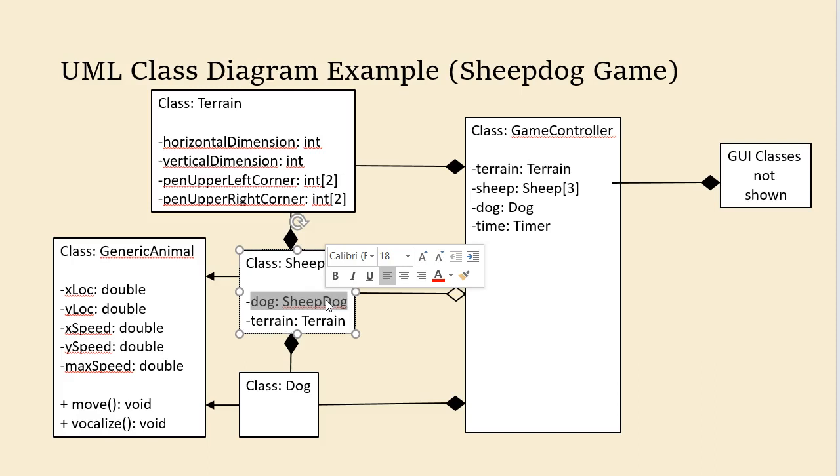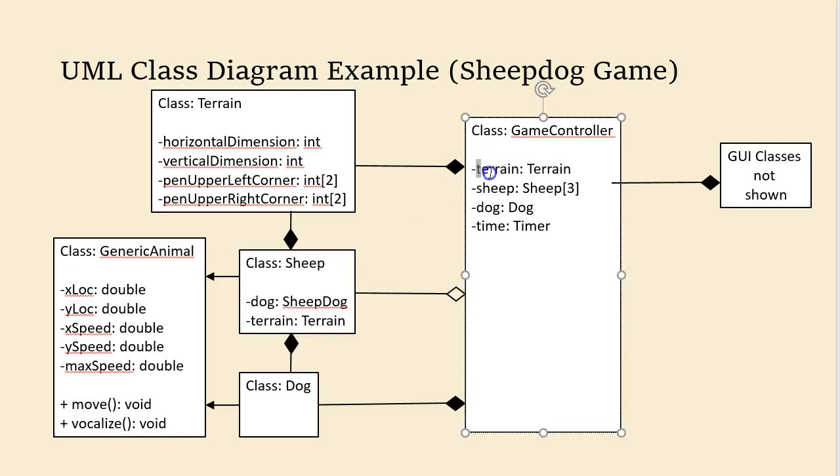The same design decision occurs when you say, well, the sheep shouldn't be able to run out of bounds. Well, is that the job of the game controller, or is that the job of the sheep? And there's no right answer. And quite frankly, it can be a tough decision sometimes. And no matter how long you're coding, it can remain a tough decision. So what I've chosen to do is the same trick. I'll let the sheep have a terrain object in it.